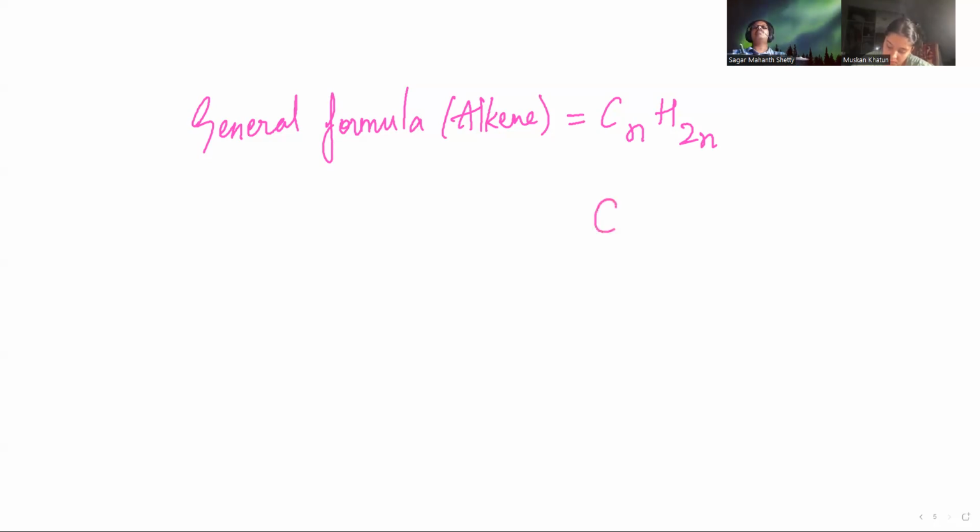Suppose I take n equal to 2, so it is C2H4. Compared to carbons, do we have the same number of hydrogens? No, it's always two more. That is the meaning of this sentence which I just told. So alkenes have fewer than the maximum number of hydrogen atoms per carbon. In comparison to carbon, hydrogen atoms are more in number.